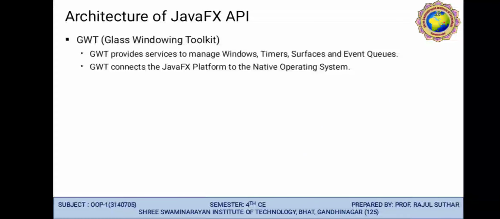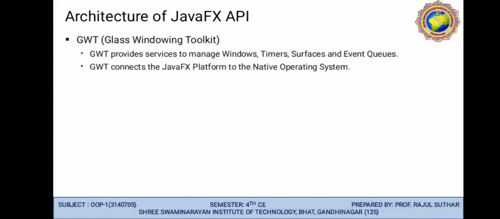Then GWT, Glass Window Toolkit. GWT is nothing but the Glass Window Toolkit. It provides services to manage windows, timers, surfaces and event queues. GWT connects the JavaFX platform to the native operating system. It works as an interface between JavaFX and the native operating system.